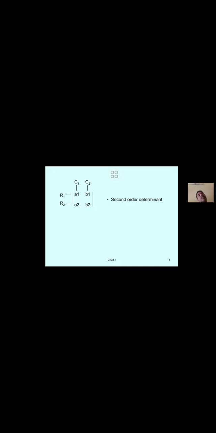Similarly, second row is represented by R2. And columns are represented by C1 and C2. So 2 rows and 2 columns, we say second order determinant. If it is a matrix, we say second order matrix.